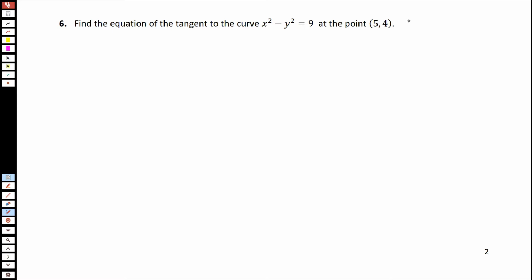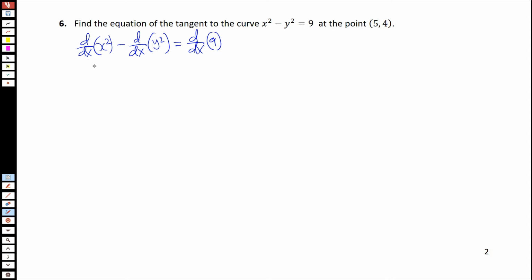Of course, to find dy over dx for this equation, which is defined implicitly, we'll have to start by differentiating term by term. So starting from the left, we have d over dx of x squared minus the derivative of y squared, which should be equal to the derivative of 9.